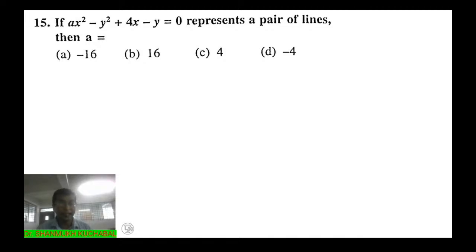If ax square minus y square plus 4x minus y equal to 0 represents a pair of lines, then a is equal to. So first we'll write the given equation. Yes. So the equation is ax square minus y square plus 4x minus y equal to 0.